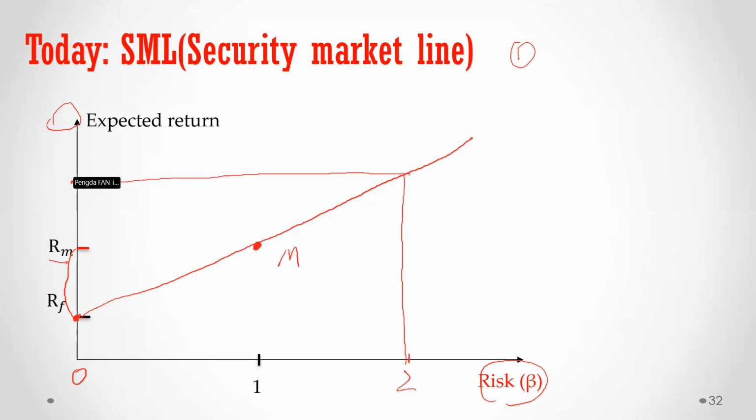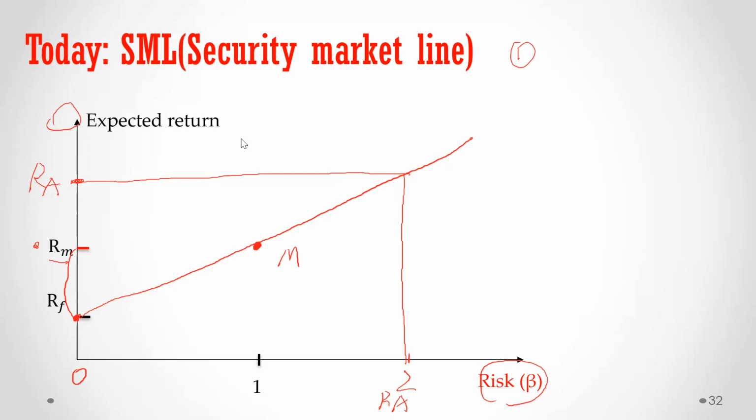Let's say this is A with a beta equal to 2. So the expected return RA is higher than the market portfolio's expected return RM, because it has a higher beta.